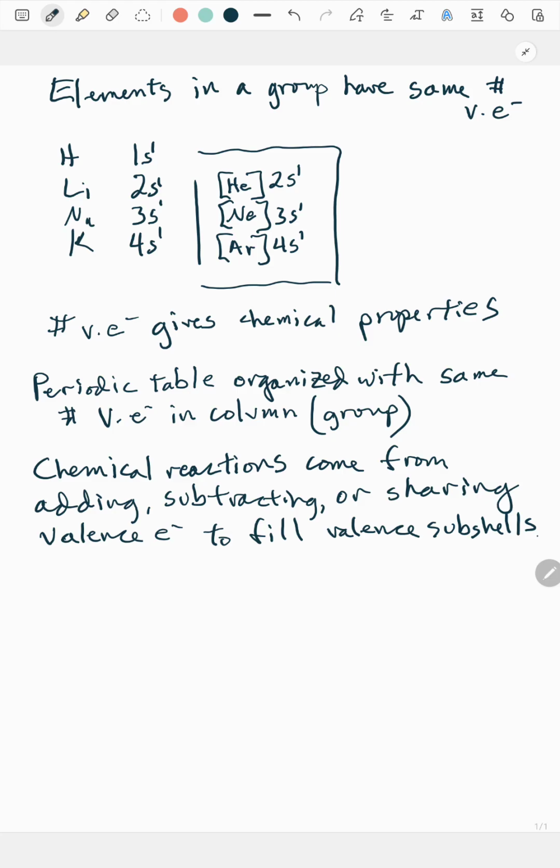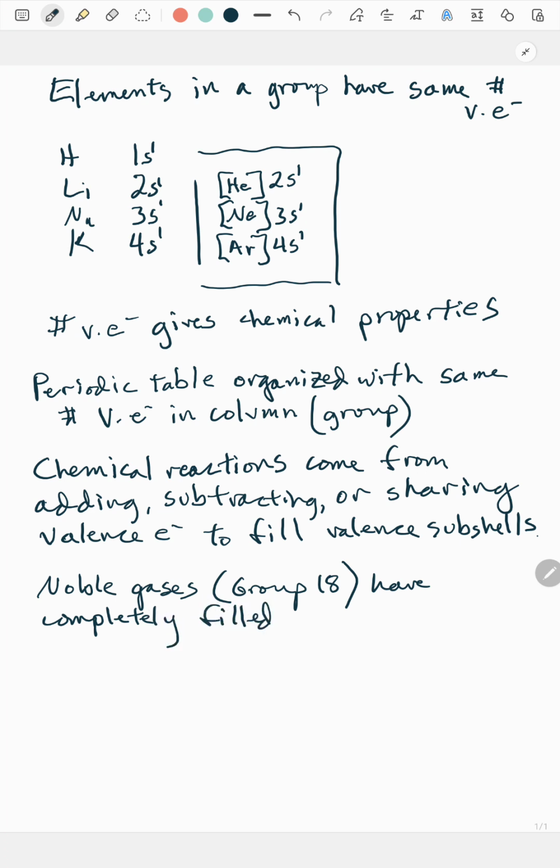So, for example, one important thing is that the noble gases, group 18, on the very right, have, if you do their electron configurations, completely filled subshells with no room for more valence electrons to be added.